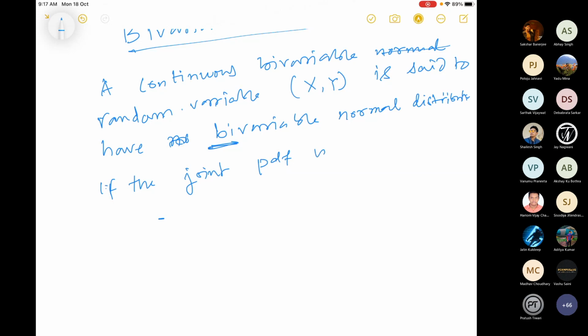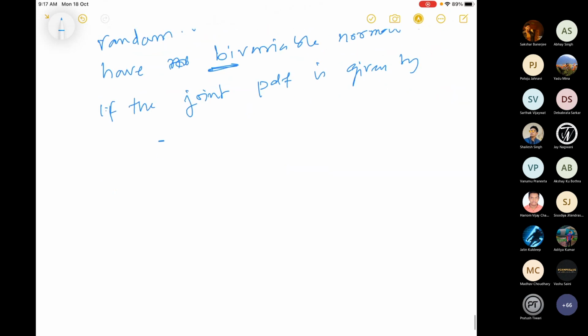The joint PDF is given by f of x, y equal to 1 by 2 times pi sigma 1 sigma 2 square root of 1 minus rho square. This rho is playing a role here. Rho is the correlation coefficient between x and y.